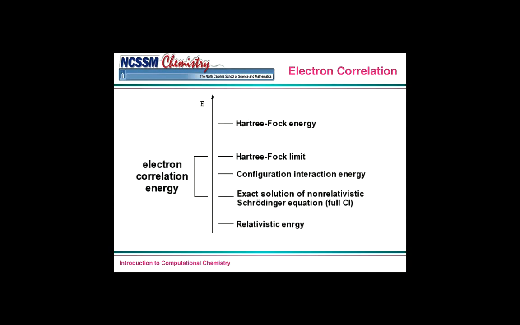Again, moving down, I can get an exact solution of what we call the non-relativistic, and those of you who have taken advanced physics will understand relativistic. So I'll be able to get an exact solution of the non-relativistic Schrodinger equation, or full CI.